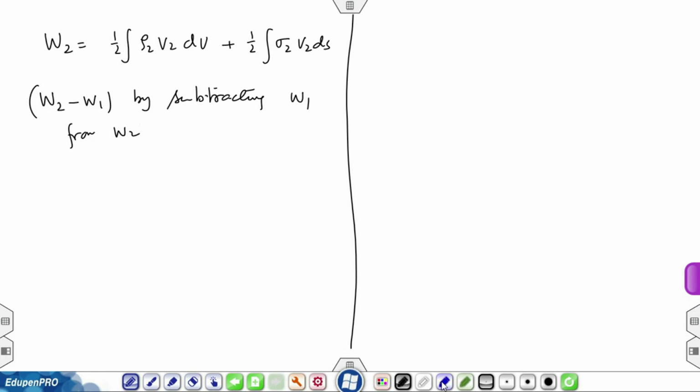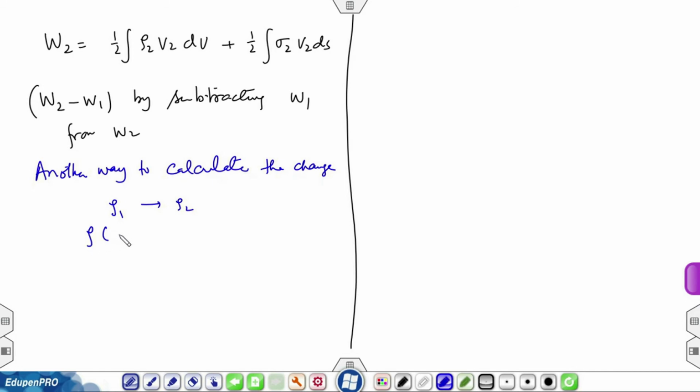Another way to calculate this change will be, I am changing from rho1 to rho2, then somewhere along the way I can take a rho as a function of fractional change, which will be equal to rho1 plus f times rho2 minus rho1. f varies from 0 to 1. Recall the derivation earlier when we were calculating the energy for a charge distribution.